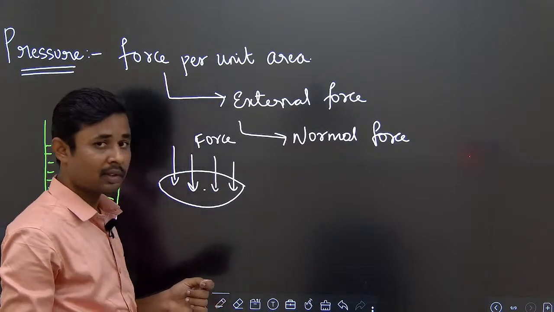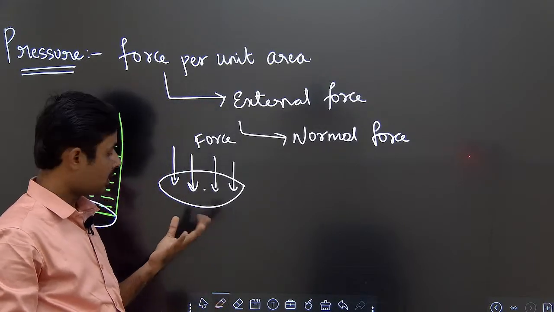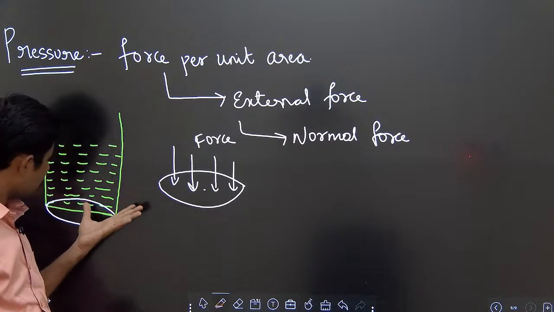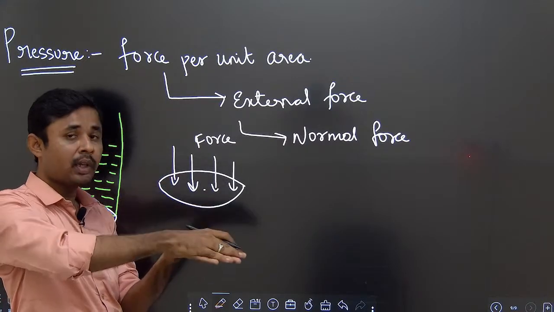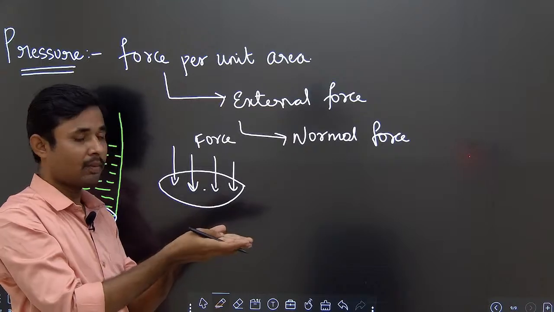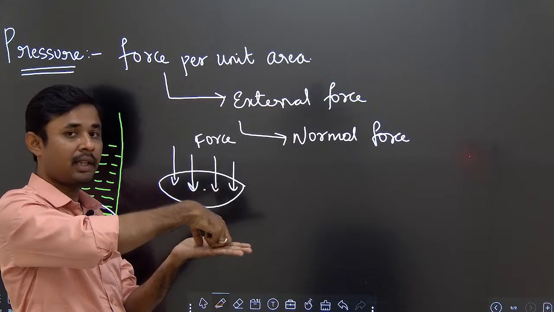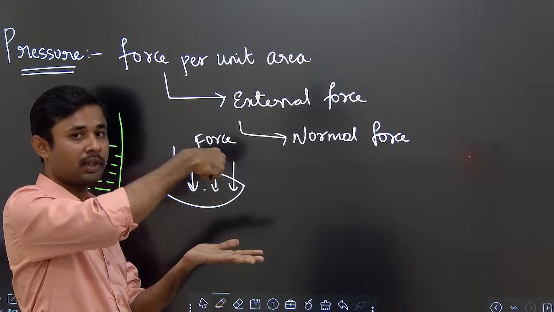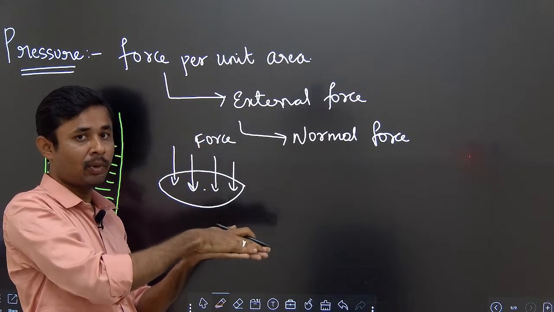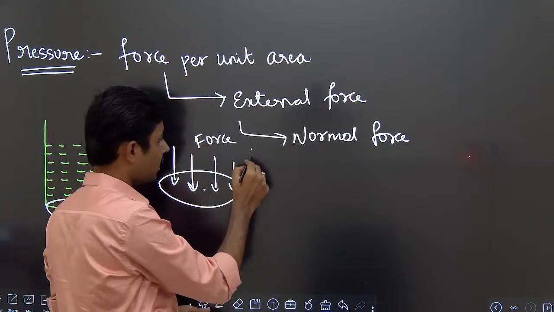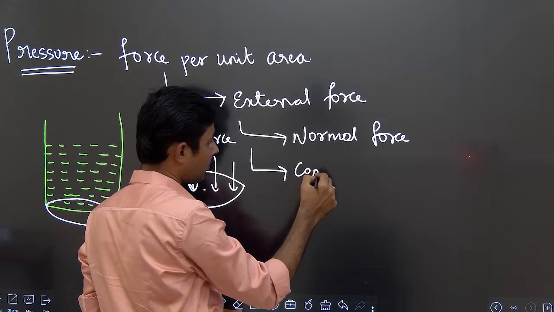One more thing: fluid is trying to compress the bottom surface. It is not trying to pull the bottom surface, it is trying to compress it. That's why it is known as compressive force.